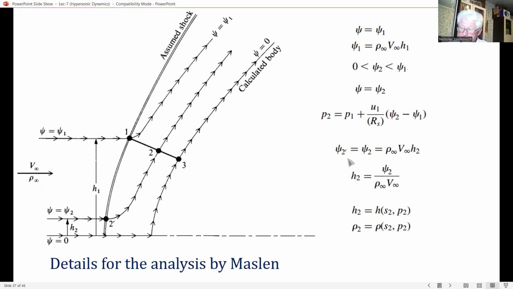So we may rewrite psi prime with the same expression, rho infinity V infinity times h. Or we may find h2 as psi2 divided by rho infinity times V infinity. Therefore, h2 is obtained from this equation, which locates our point 2 prime on the shock.